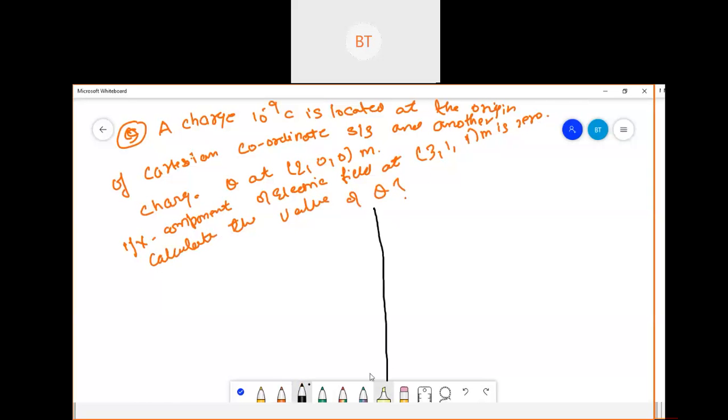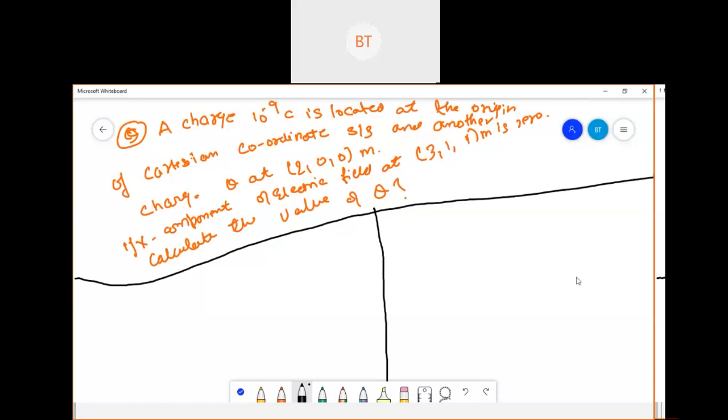This was the question. We'll read it one more time. Always try to read the question twice or thrice, and you'll get some idea. A charge of 10 to the power minus 9 coulomb is located at the origin, and another charge q is at 2, 0, 3. The x component of the electric field is given as this.